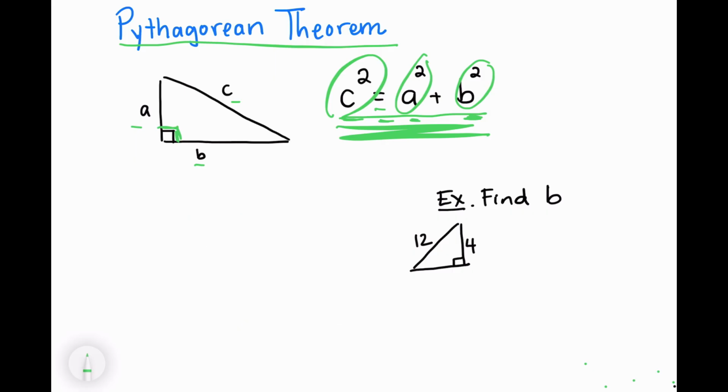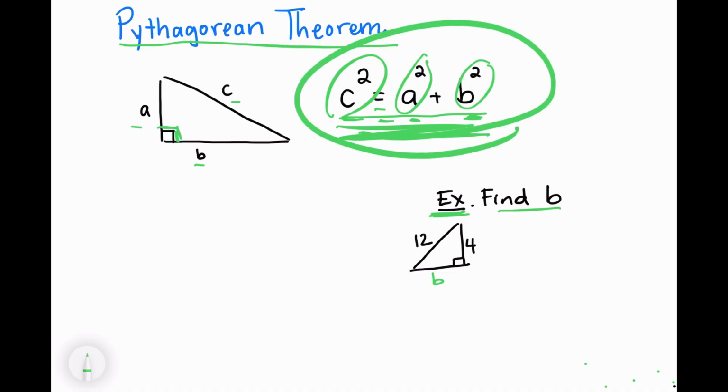Okay, so let's do the second example here, and we want to find b, where b is just this side right here. So again, I'm just going to use the Pythagorean theorem, which tells me that the hypotenuse squared is equal to the sum of the squares of the legs. So we have b squared plus 4 squared.